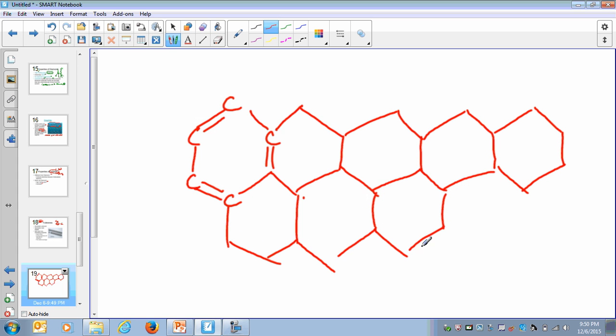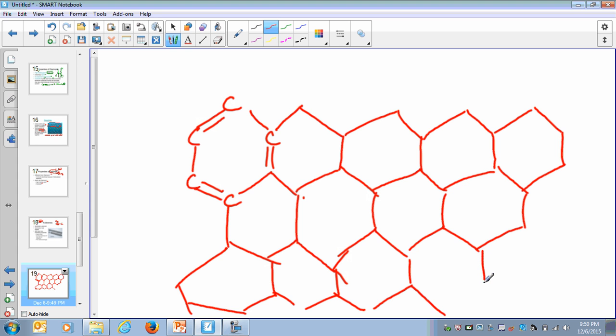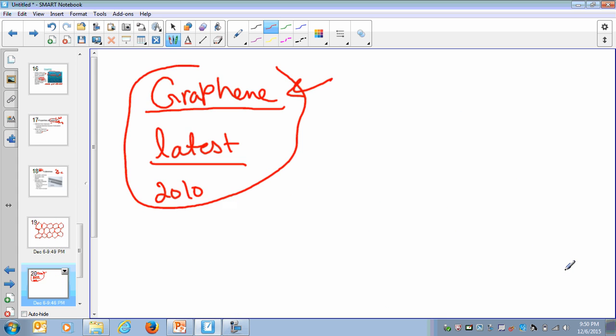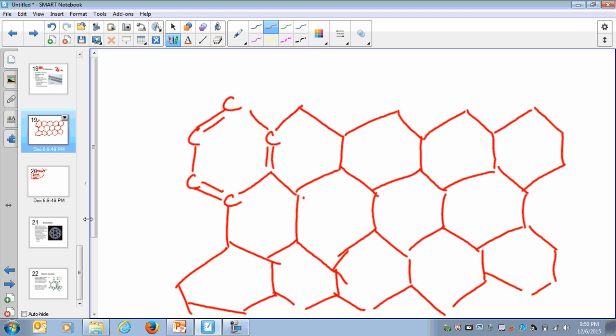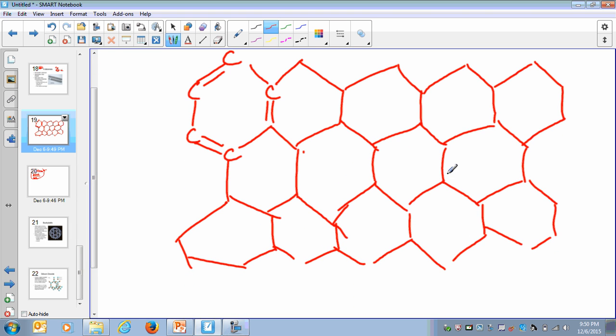What happens sometimes is that if I heat it a little bit, these hexagons, we call them hexagons because each carbon atom is bonded to 6 different carbon atoms, it is possible that some of these hexagons turn into pentagons.